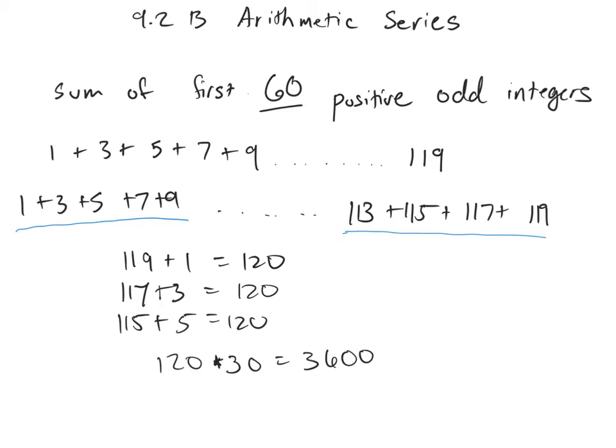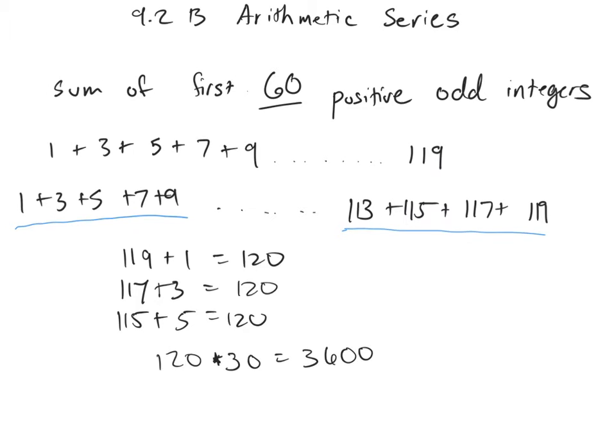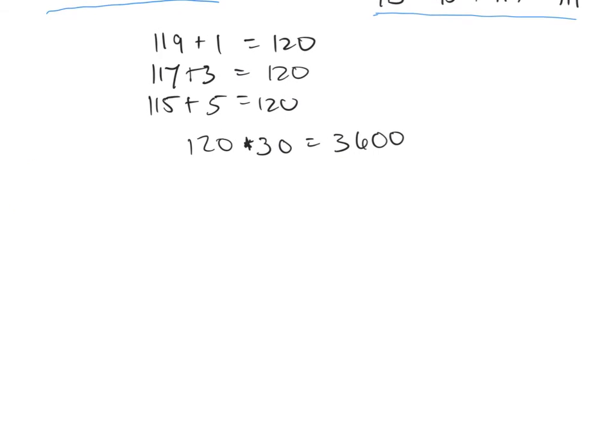Or we can also use the formula, which pretty much says the same thing. We take the number of integers that we're going to add, and this applies for both evens and odds, even when skipping integers.